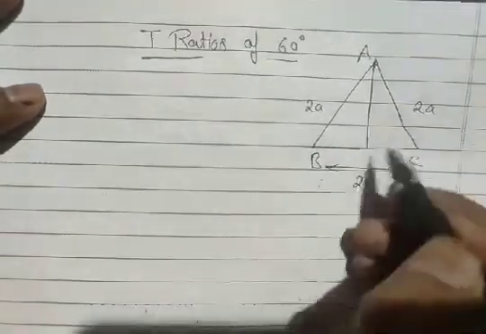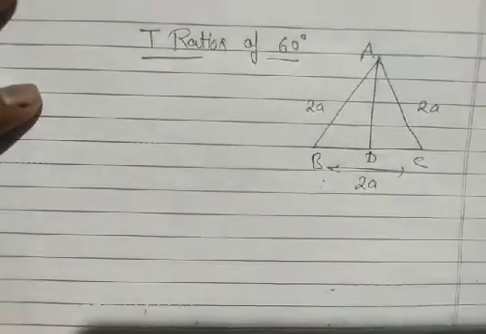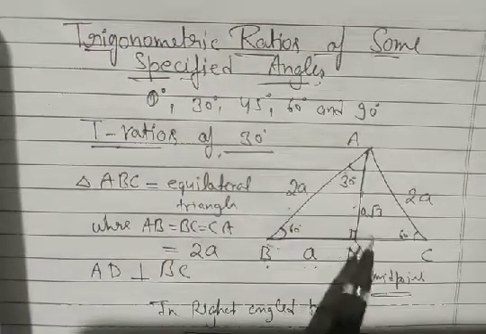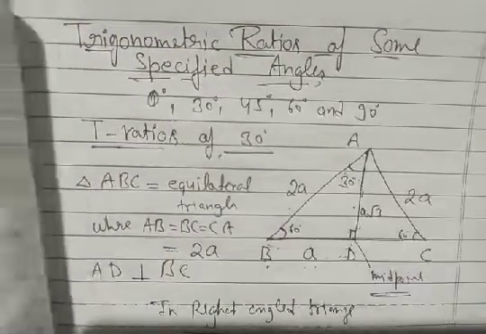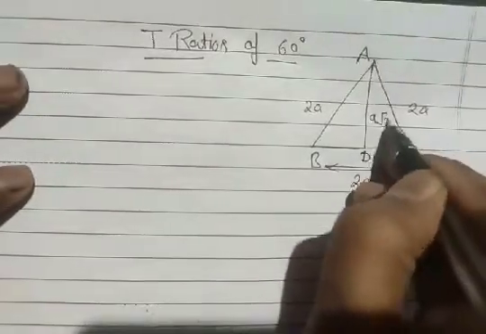Again we draw a perpendicular bisector AD. As in the last 30 degree figure, AD is A root 3.